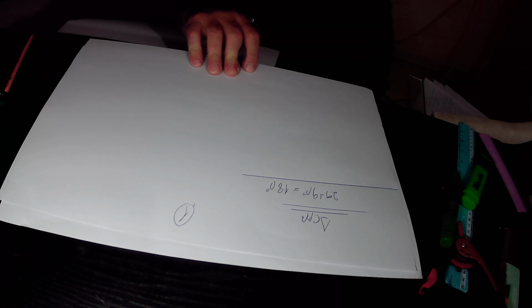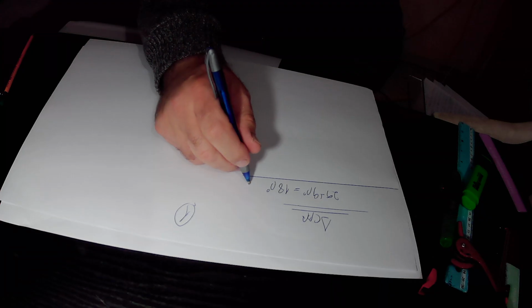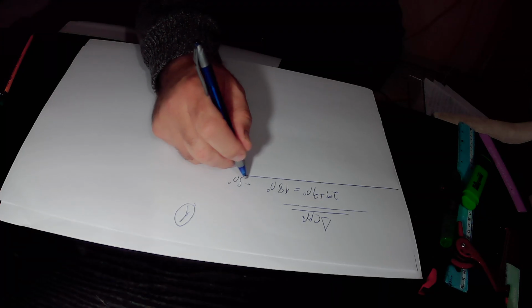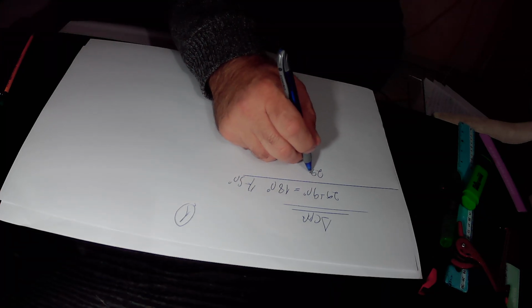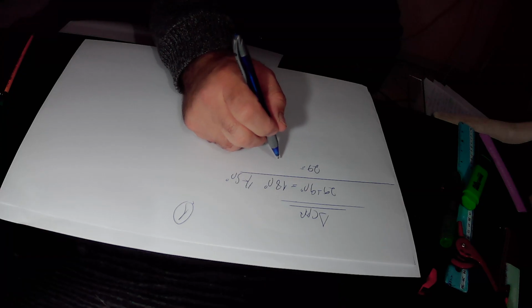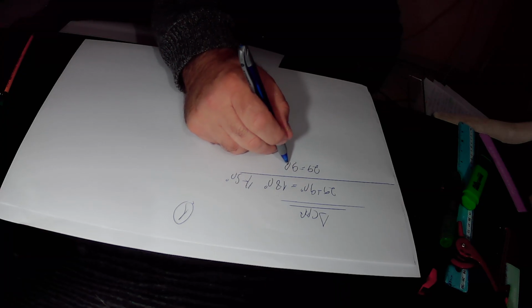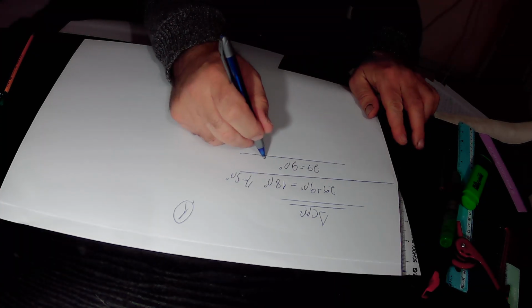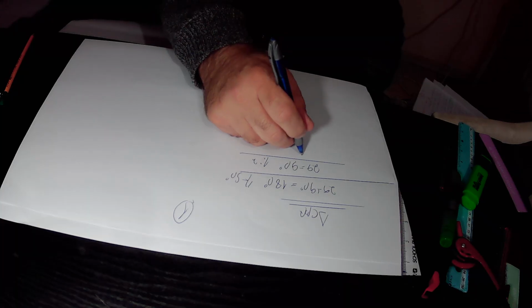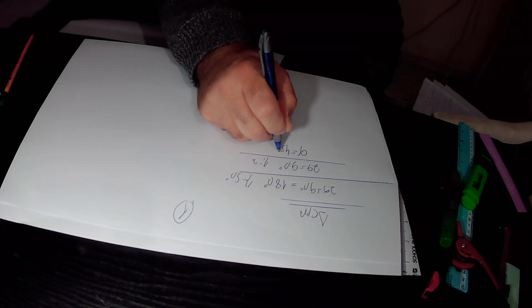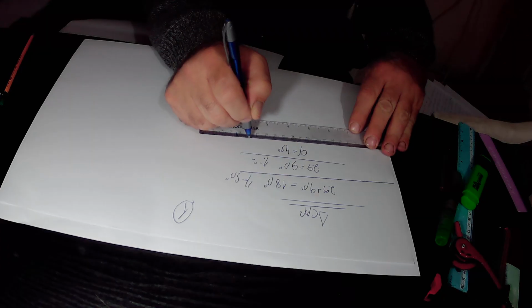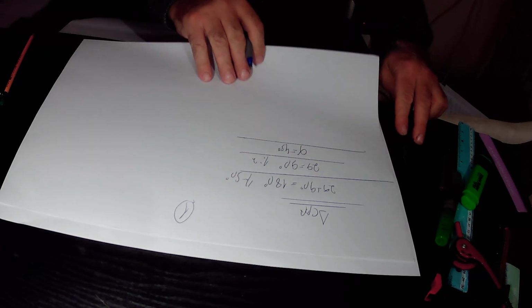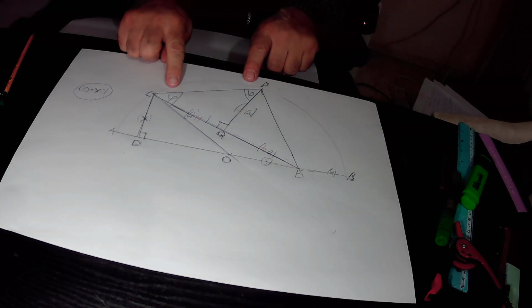Here we will subtract 90 degrees from this equation and we get that 2 alpha equals 180 degrees minus 90 degrees, which is 90 degrees. Here we will divide this equation by 2 and we get that alpha equals 90 degrees over 2, which is 45 degrees. Those two angles are both equal to alpha, and therefore each of them is equal to 45 degrees.